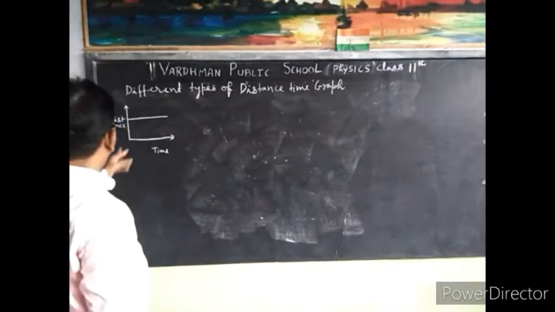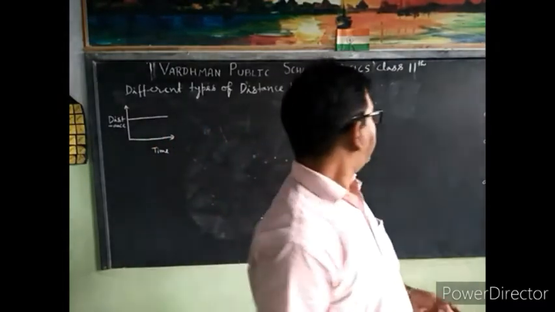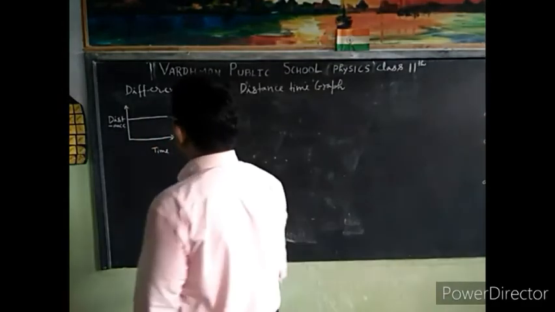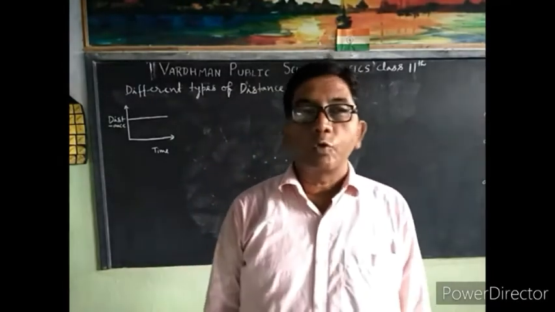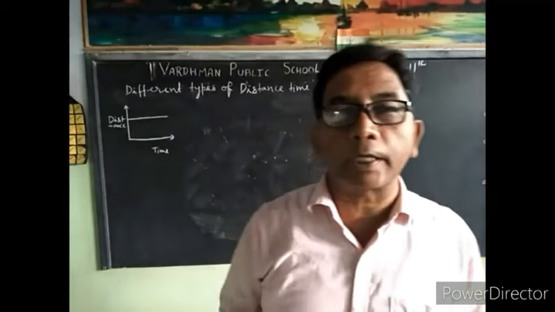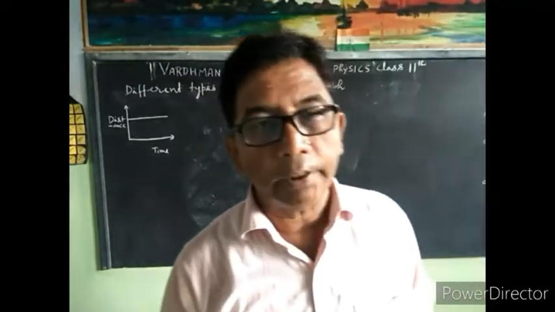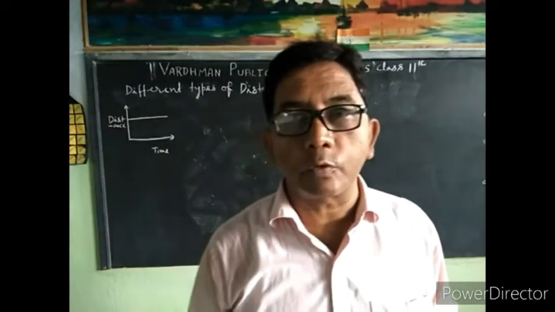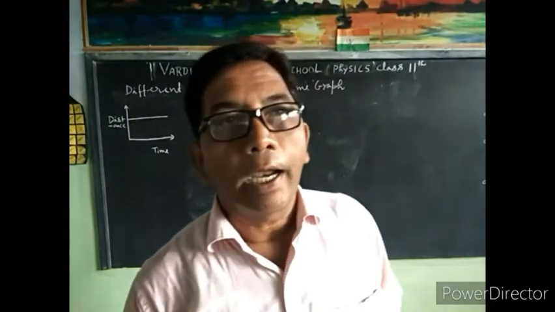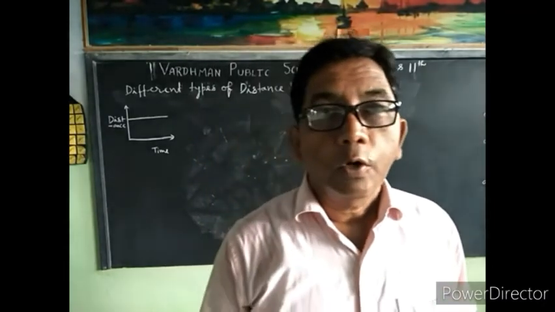First of all, I will tell you what the slope of a distance time graph shows. Slope of the distance time graph shows speed, slope of the displacement time graph shows velocity, and slope of the velocity time graph shows acceleration.